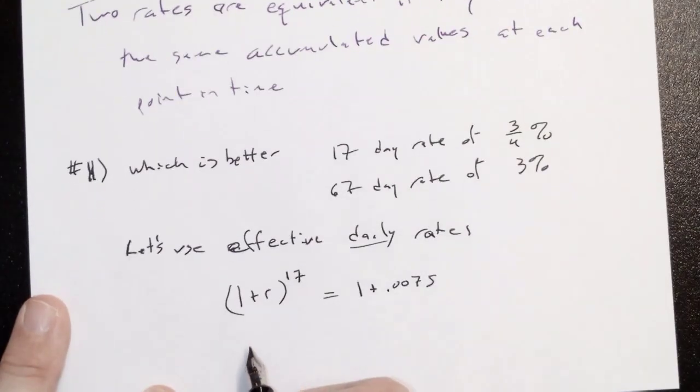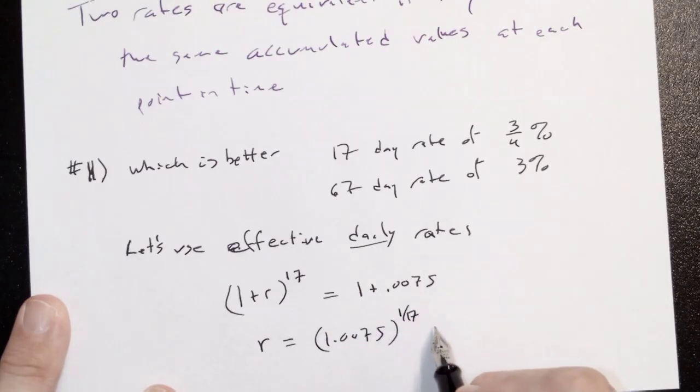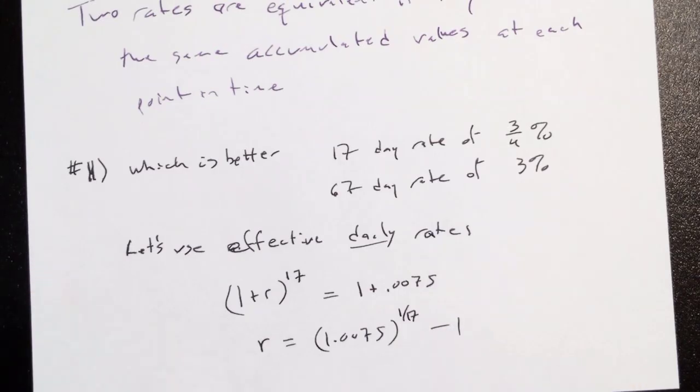So I can say that R is 1.0075 to the 1/17th minus 1. I don't even have to do the minus 1 part if you don't want to, because I'm going to compare it to the other one, right? And whether I add the ones or not, I can write that down. So somebody give me a number. What is this? You're probably going to need at least 5 decimal places for this, but you might as well write down every decimal place your calculator gives you. It's only like 8.